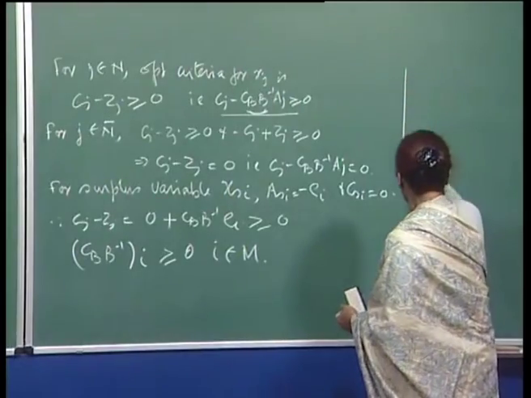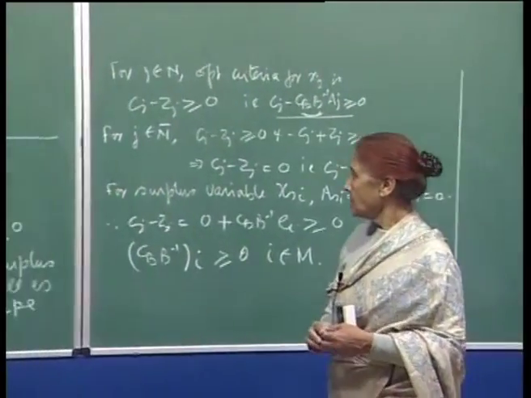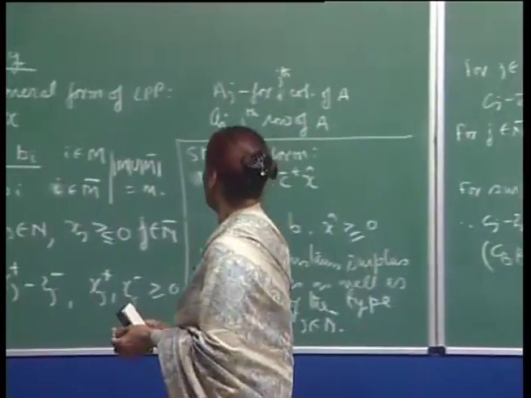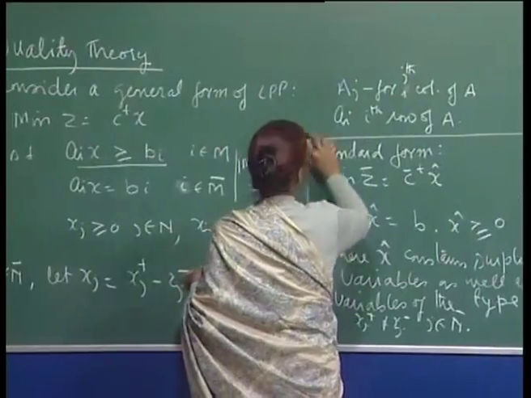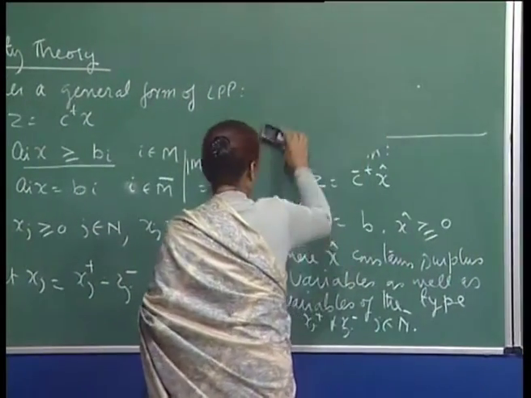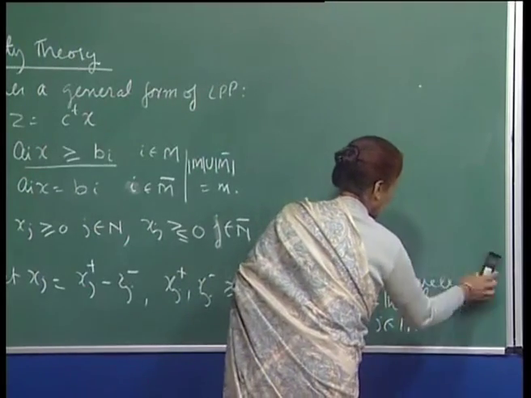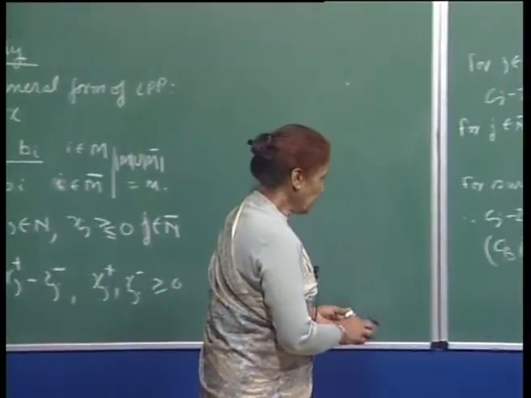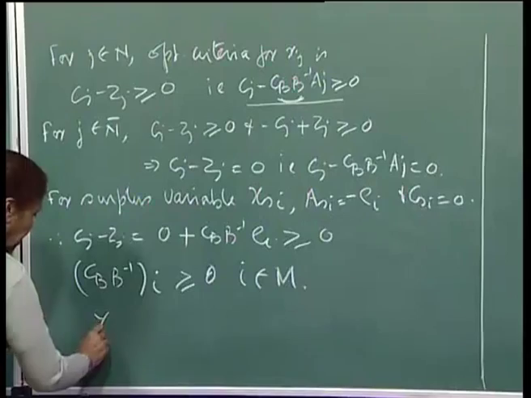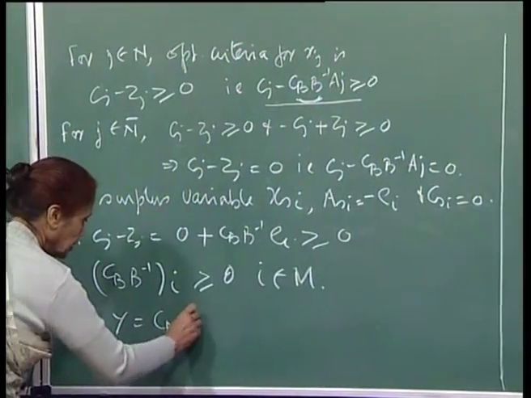So now let me define the dual problem, or what would be best is that I write it here, so that you can then match the things. What I will do is write my dual variable y, the column, as B inverse.